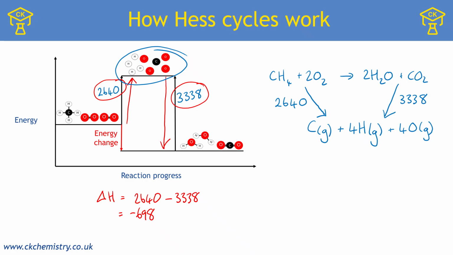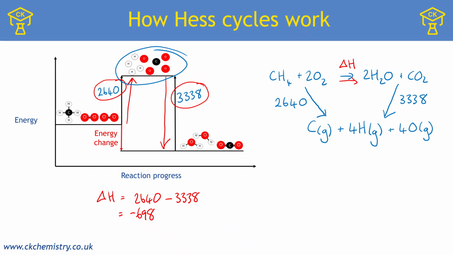So when we learn this as an enthalpy cycle or Hess cycle, then we are trying to calculate delta H up here, and this is my direct route going from methane to water and CO2, or rather actually it's kind of just one arrow.